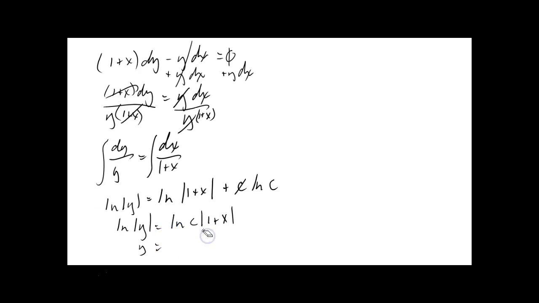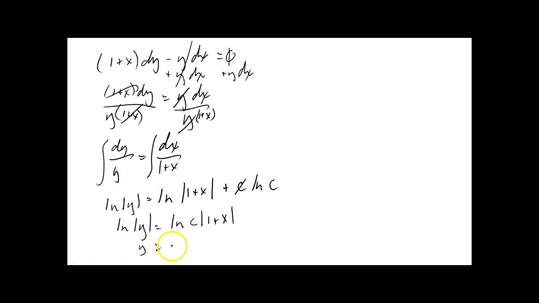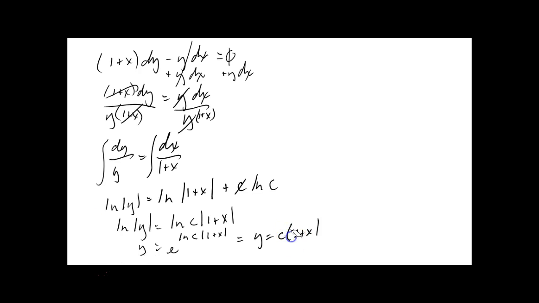I said we take the exponential of both sides, and I wrote exponential and didn't write the log of C times 1 plus x. Now, I'm not doing it quite the same way the book did, but the exponential of a log is just what's inside. It would be y is equal to C times 1 plus x. Now, I've got a bunch of extra lines in there that are not necessary.